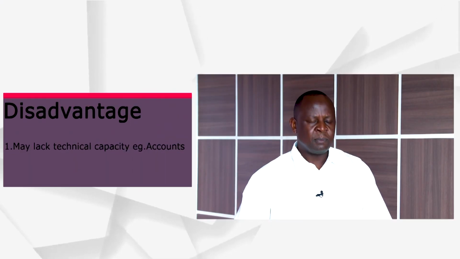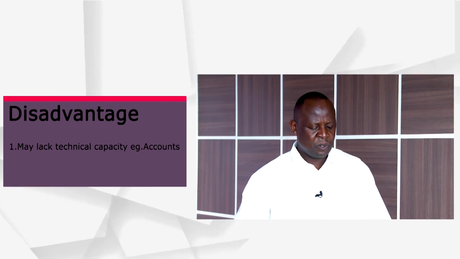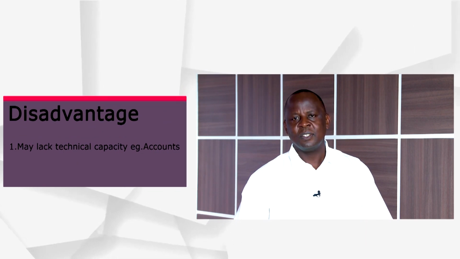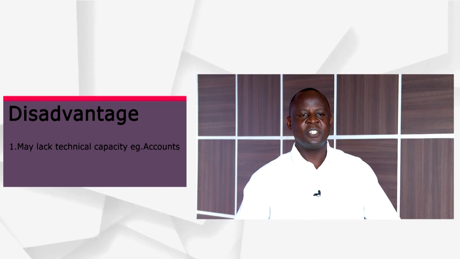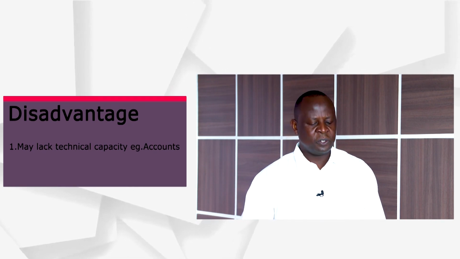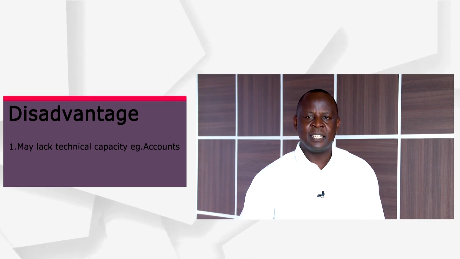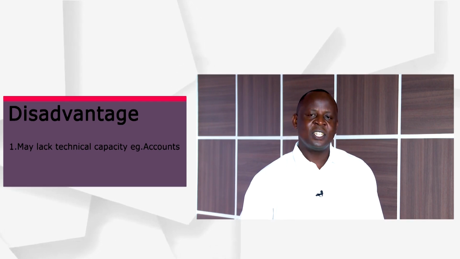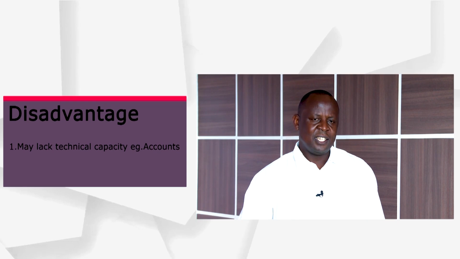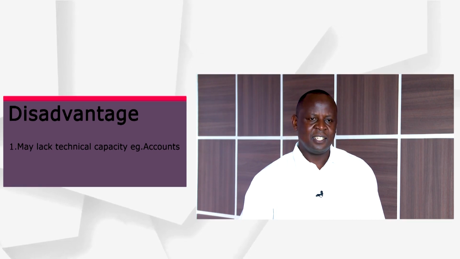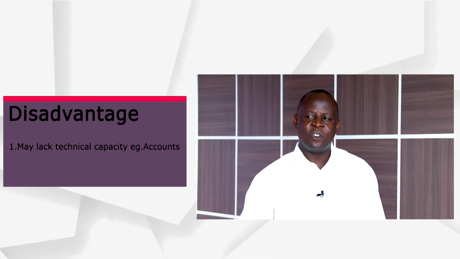But also, on the flip side, there are disadvantages of engaging friends and relatives. One, sometimes they may lack the technical capacity. Most organizations, SMEs, would really want the control of finances, either accountant or the finance manager, or the payroll to be in the hands of people they trust.